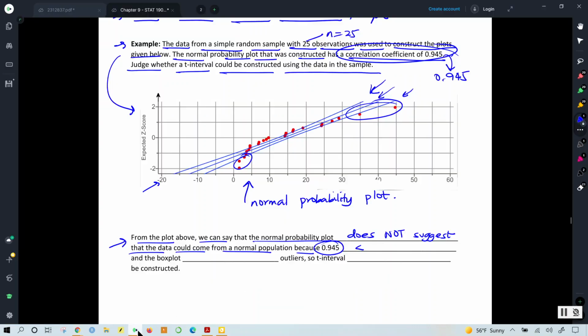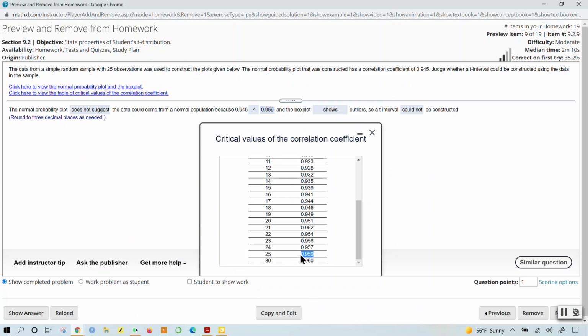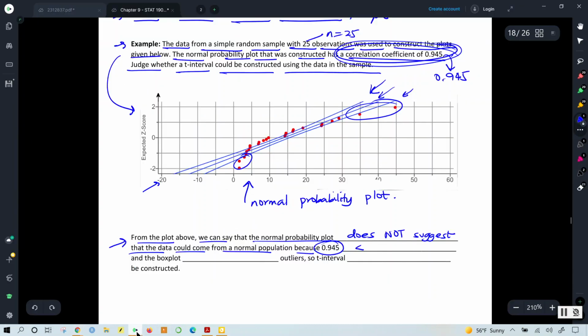So, taking that back, I can tell that the correlation coefficient of 0.945 is lesser than 0.959. When that happens, it is a numerical testament to the fact that this data could not have come from a normal distribution.